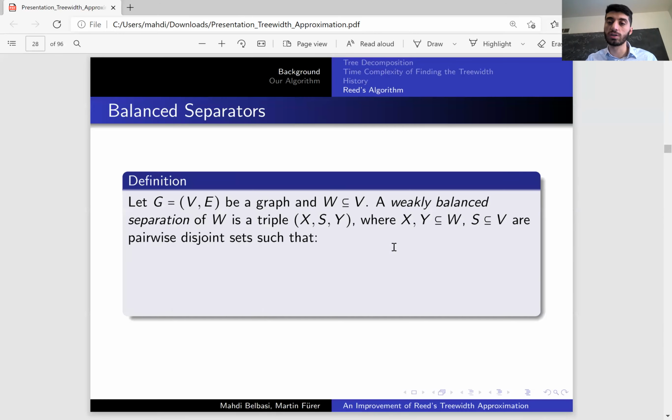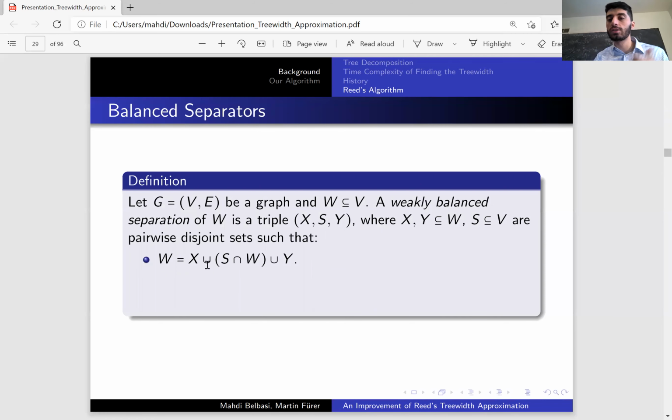So let's start with the weakly balanced separation of W, if W is a subset of vertices. This is a triple X, S, and Y, where X and Y are subsets of W. And basically, S is going to separate X and Y, and these are all disjoint sets, right?